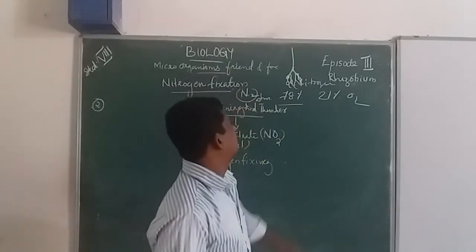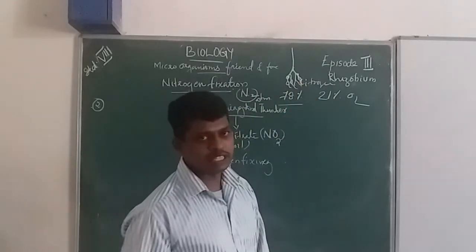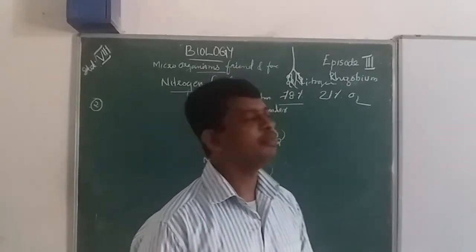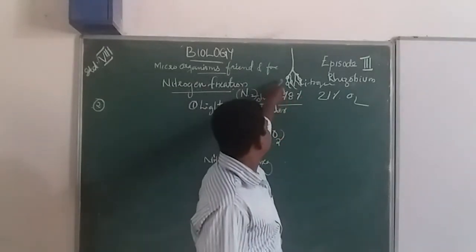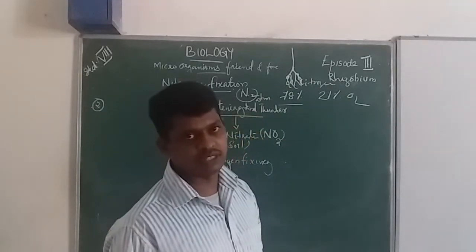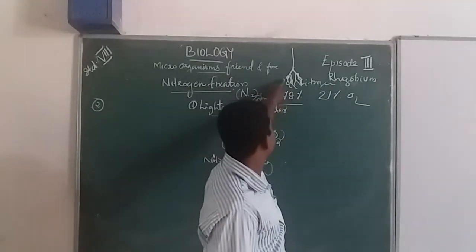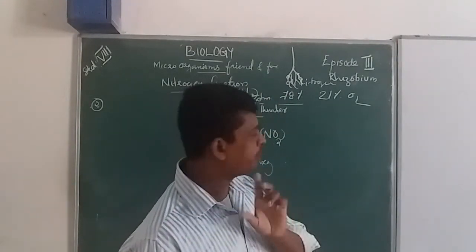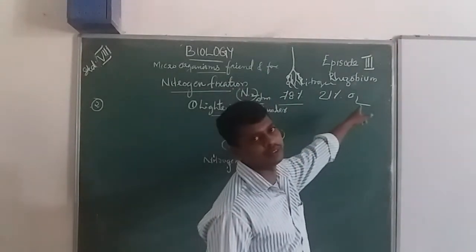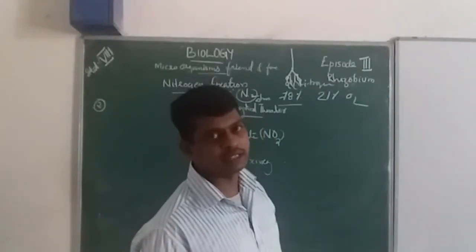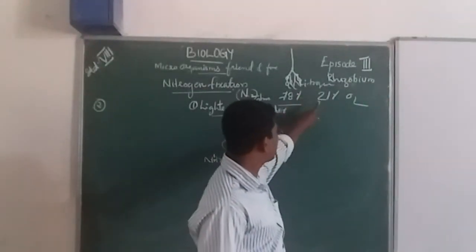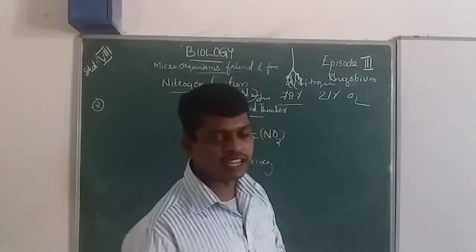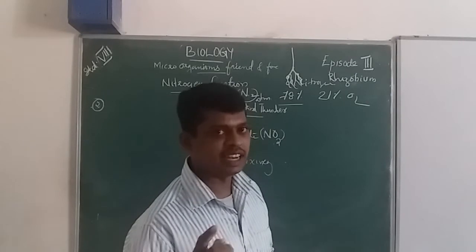Some leguminous plants like pea, black gram, etc. have root nodules, which are the living place of some bacteria. The bacteria is rhizobium. This rhizobium bacteria can absorb atmospheric nitrogen directly and convert it into nitrate.